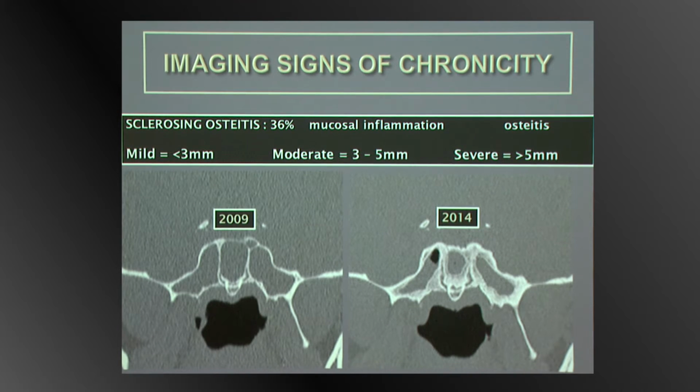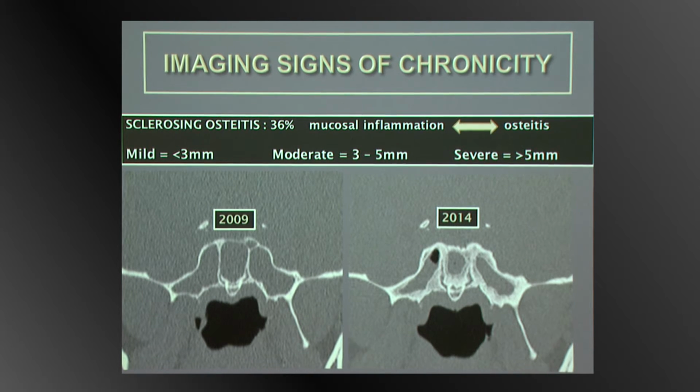So sclerosing osteitis, we said it occurred in the maxillary and the sphenoid, and it's actually been classified, and this is the same patient in the space of 5 years, and you can see the change in the osteitis of their sphenoid sinus walls in response to chronic disease. A surgeon classified this as mild when the sclerosis was less than 3, moderate 3 to 5, severe greater than 5.